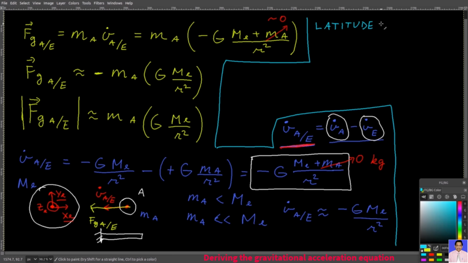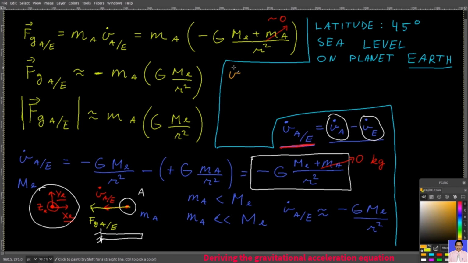And now, if you're at the latitude of 45 degrees and you're at sea level on planet Earth, then this v dot a relative to e, the acceleration of object A with respect to the Earth, which is approximately this one, has been measured to be approximately 9.81 meters per second squared.